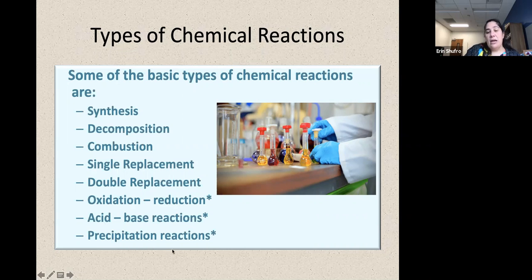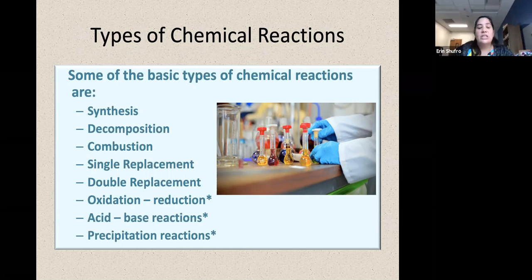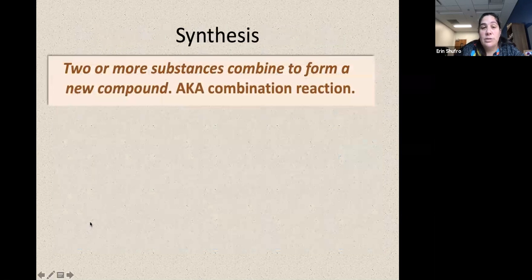So your main categories are synthesis, also known as combination depending on what book you're looking in, decomposition, combustion, single replacement, and double replacement. Your subcategories are oxidation reduction, acid base, and precipitation reactions.